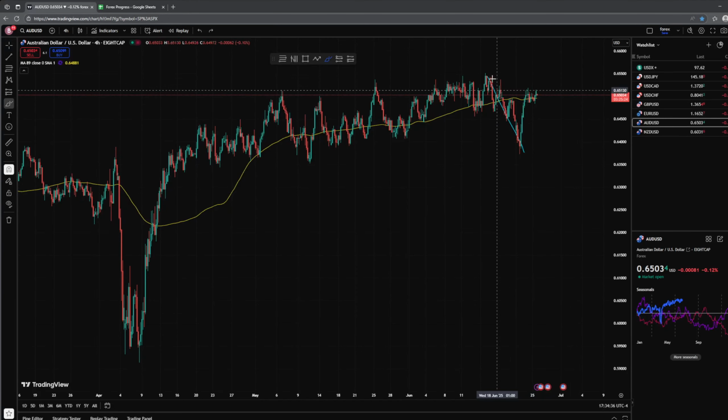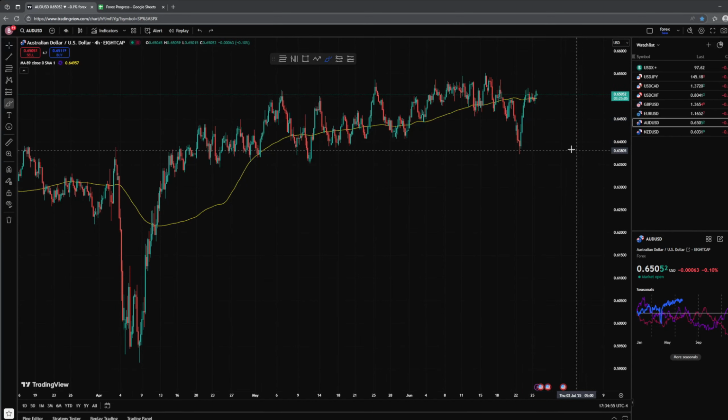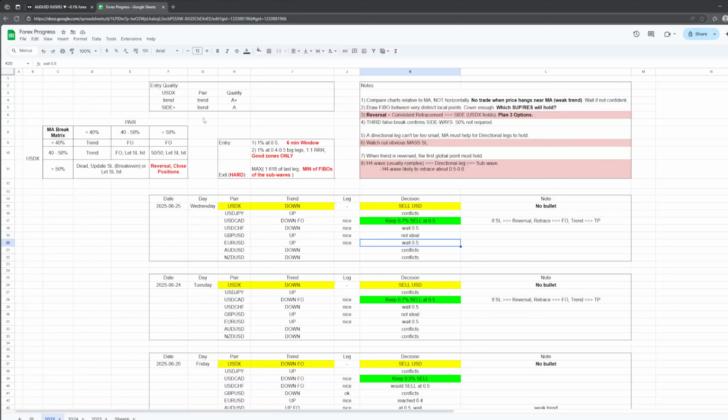So that means the overall trend is down, and the market is expected to demonstrate some kind of down movement. So a down trend in Australian dollar USD means that USD is getting stronger against the Australian dollar, right? Which conflicts with the USD index chart, and that's why we're not gonna force any trade on Aussie.